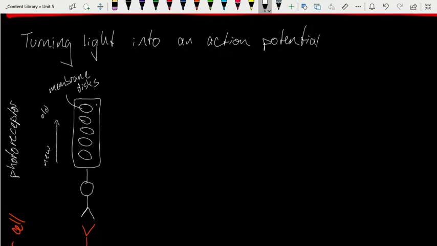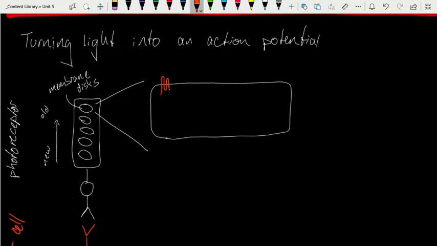If we zoom in to this disc, this is what we're going to see: a 7-pass transmembrane receptor that we should identify immediately as a G protein coupled receptor on the membrane of this membrane disc.